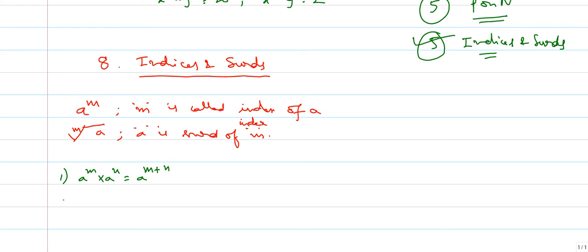The second law is a power m divided by a power n is equal to a power m minus n. The third law is a power m whole power n is equal to a power mn.